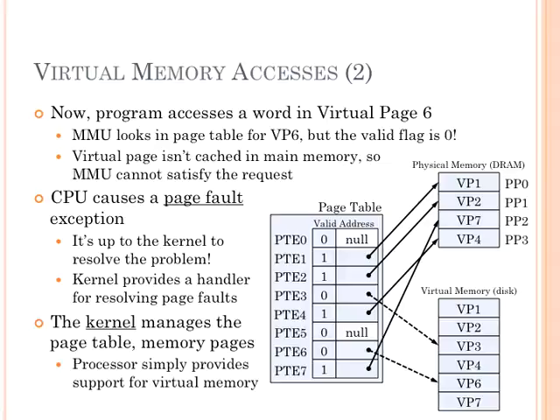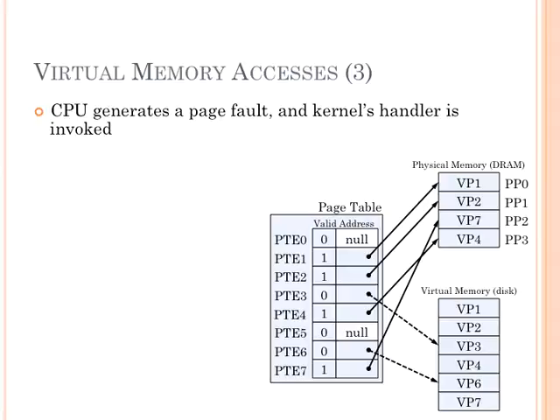So it can basically decide, did I allocate a page for page 6? Do I need to move it off the disk and back into physical memory? Or is this just a bum memory access and I need to tell the program to shut down because it did something invalid? Okay, so the kernel is the thing that creates the abstraction. The kernel is the thing that decides how to handle these situations.